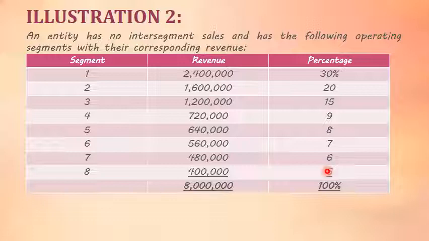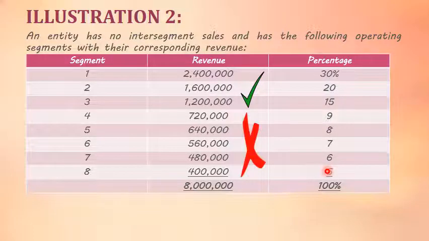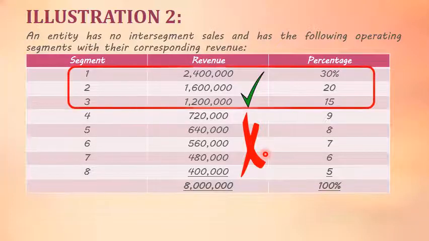So, sabi ng ating PFRS, pwede naman daw na magdagdag pa tayo, okay, ng reportable segment kung hindi umabot ng 75% na threshold, which is the external revenue ng entity. Okay, so yan yung sabi natin, pasok sa reportable segment at hindi itong segments 4 to 8.